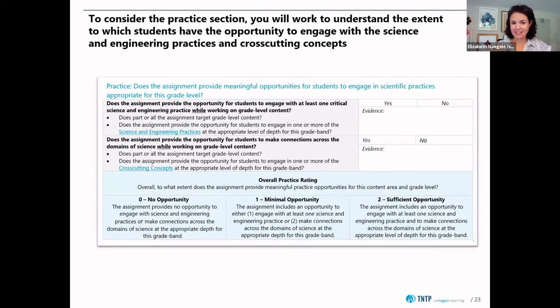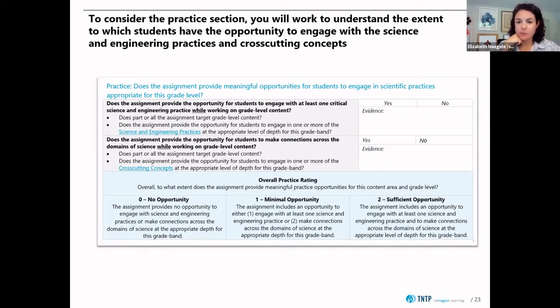Let's look at the practices section a little bit slower, because that is a new section that we did not review when we met in June, and we want to make sure that we understand it. It is very important to having access to a grade appropriate assignment.